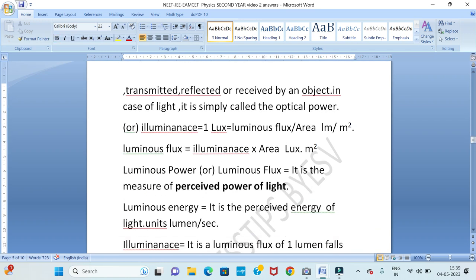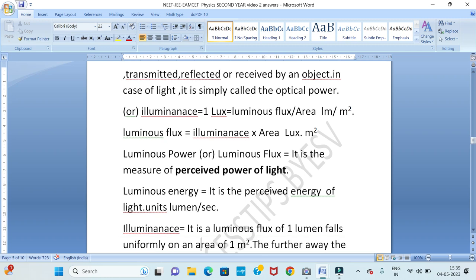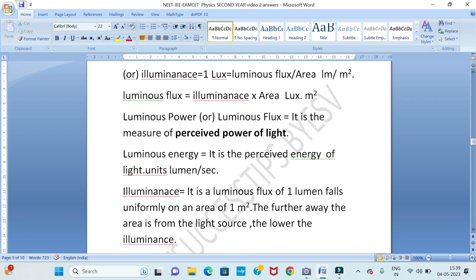Illuminance formula. Here see the definition of illuminance. A luminous flux of one lumen falls uniformly on an area of 1 meter square. The further away the area is from the light source, the lower the illuminance.